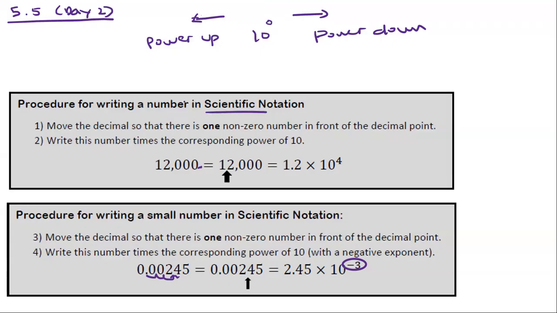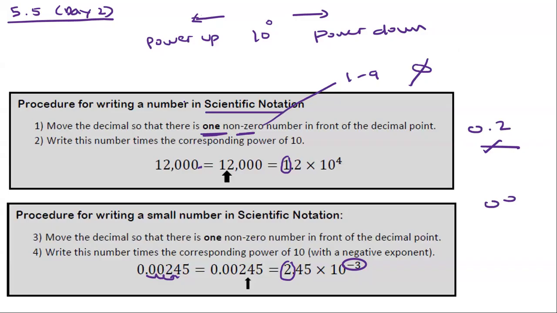Now, in regards to scientific notation, notice that for both of these examples, there is only one number in front of that decimal. So in order to have scientific notation, you can only have one non-zero number in front, meaning any number besides zero, so 1 through 9. You cannot have zero as the front number. If it was 0.2, that is not in scientific notation.